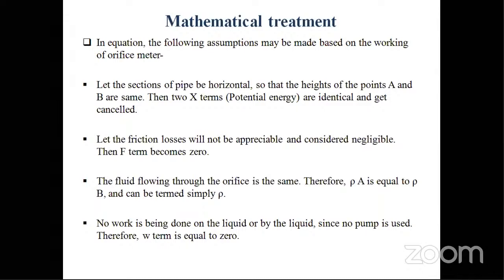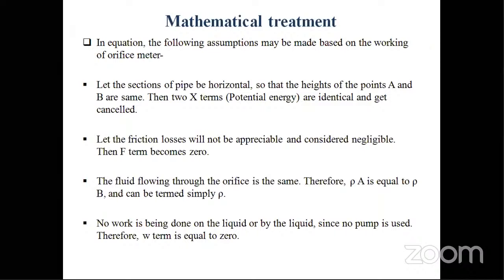You can easily understand that if the pipe is horizontal, not vertical, the heights of points A and B are identical. At that time X is negligible. X means the potential energy. Potential energy is negligible because both heights are the same.